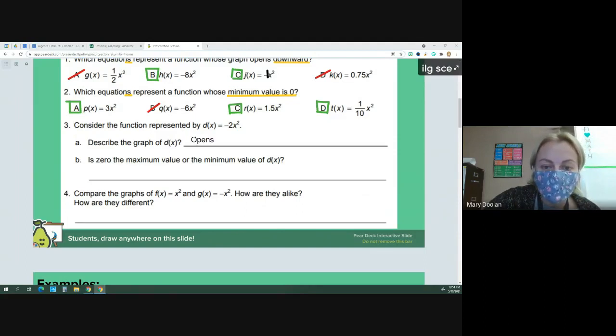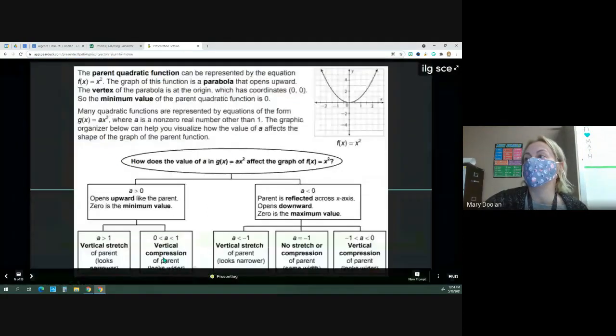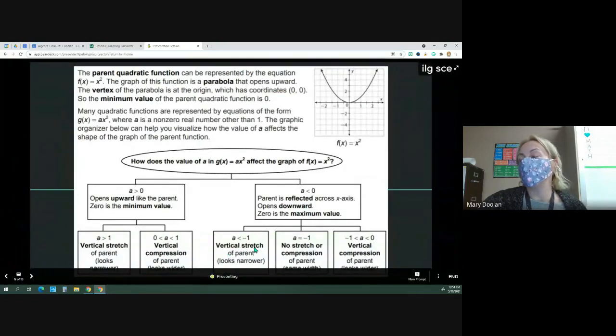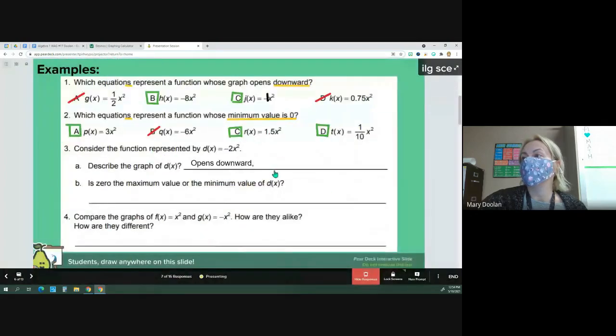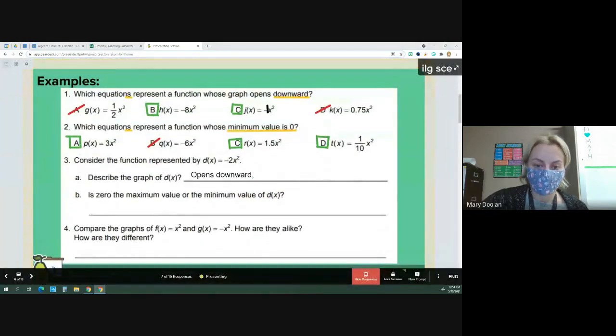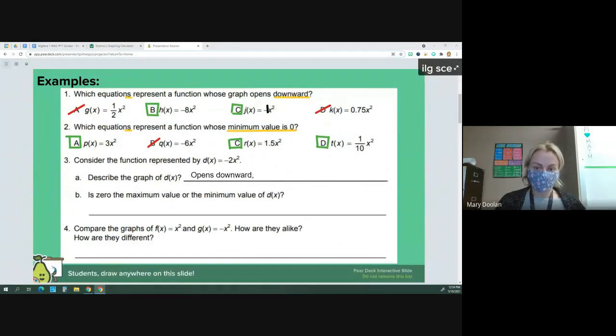All right, opens downward. That's true. It's negative. What else do we want to write? Opens downward. It's a vertical stretch. You can write a lot of things here. Vertical stretch.